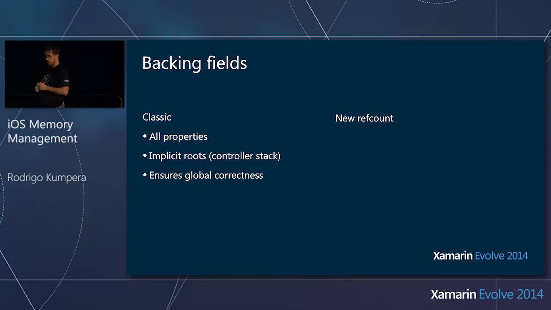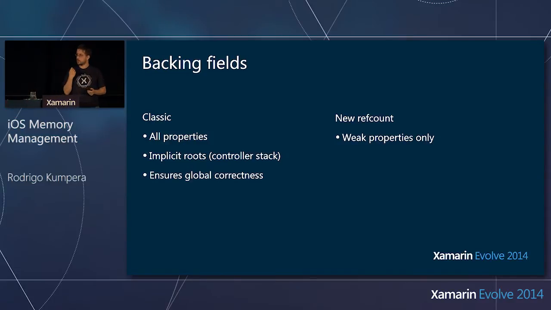NewRefCount only has refcount properties with fields behind them for weak properties. So all views have this subviews property. They are not weak, so they will not get a backing field. Your event handlers, yes, they will have backing fields, but that's pretty much it. No other properties will have.